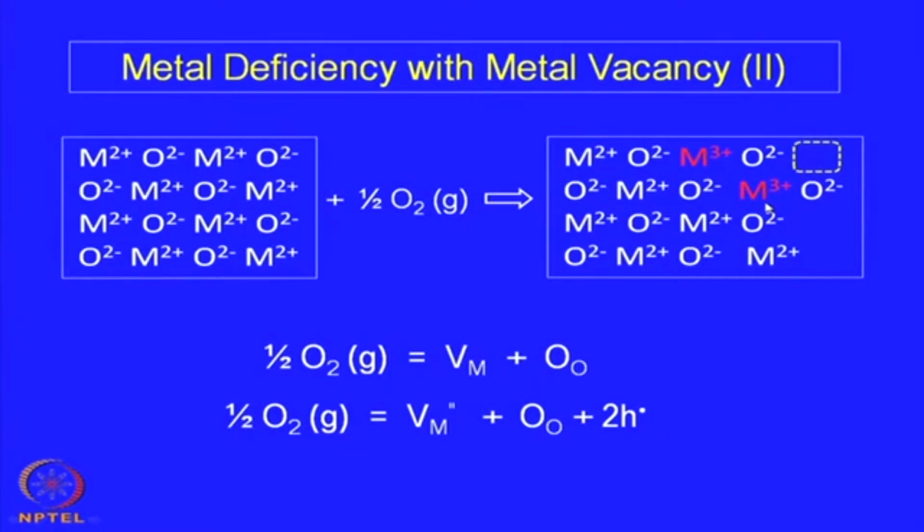Earlier, when the oxygen deficiency was there, the metal was decreasing its valency from 2 plus to 1 plus. In this particular case, when the metal deficiency is there, the metal is going from 2 plus to 3 plus. Okay.